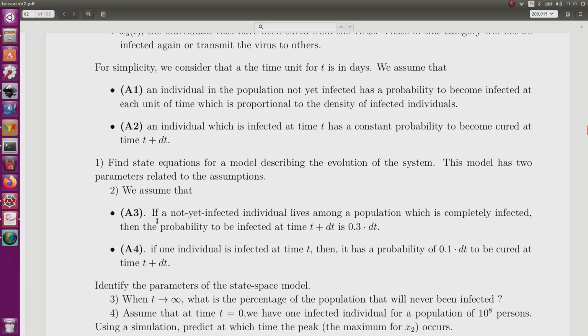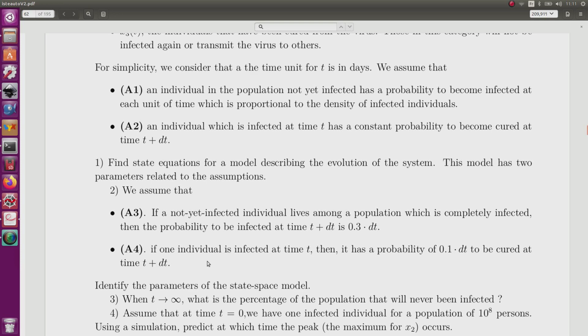And this can, for instance, be estimated by statistics in this population at the beginning of the apparition of the virus, for instance. Now, the other assumption is the following. If one individual is infected at time t, so it is totally separated from others, if you want, then it has a probability of 0.1 to be cured 1 day later.